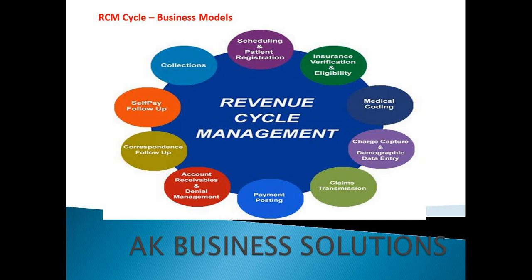For all claims which are denied, there is a separate team called the AR team, the accounts receivable team, who check the reasons for denial, call insurance companies, and get all the details from the insurance company. If the denial is related to any billing issue, they fix the issue there itself and resubmit the claim.